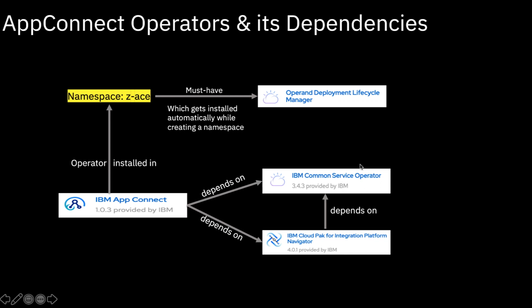Then you need to start with installing the IBM Common Services Operator, then Cloud Pak for Integration Navigator, and create an instance of it. Installing an operator is nothing but ensuring that the operator is available in the namespace, and then creating an instance of that operator will give you the web GUI, which is the Platform Navigator.